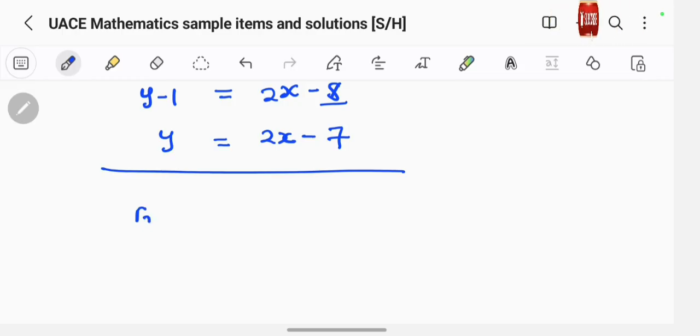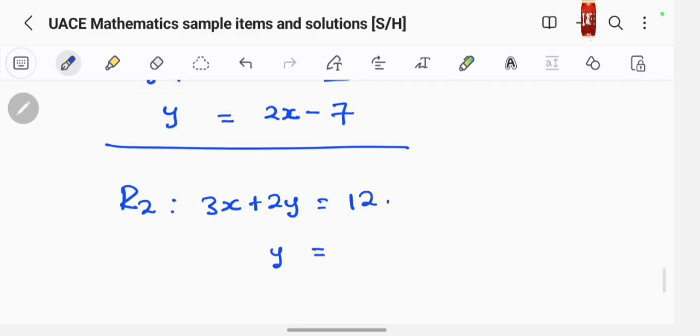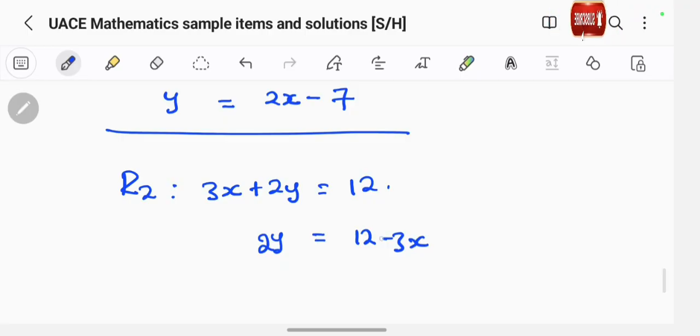If my rod 2 has the equation 3x plus 2y equal to 12, it means that if I make y the subject, 2y is equal to 12 minus 3x, then divide throughout by 2.